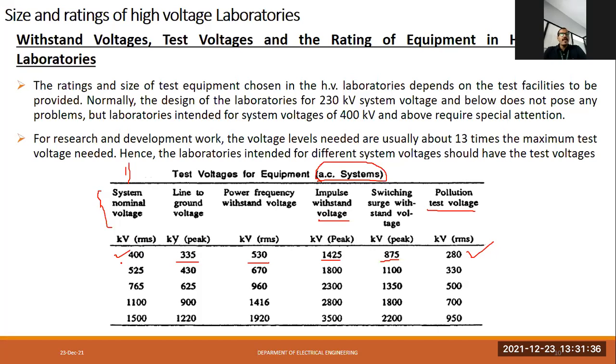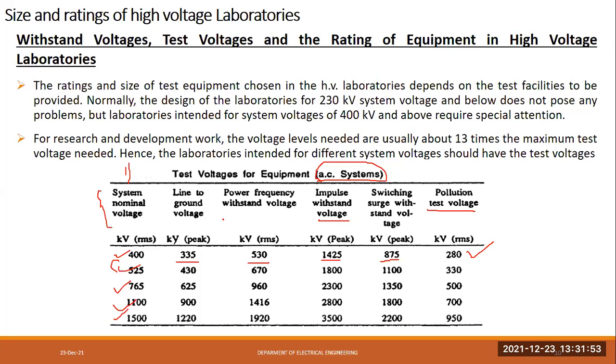Similarly, in that way for various nominal voltages like 525, 765, 1100 and 1500 kV, for all these we have the test voltages for the equipments, and we will understand that properly. Whatever the nominal values we are considering, we will understand with the help of the line to ground voltages, then the power frequencies given.